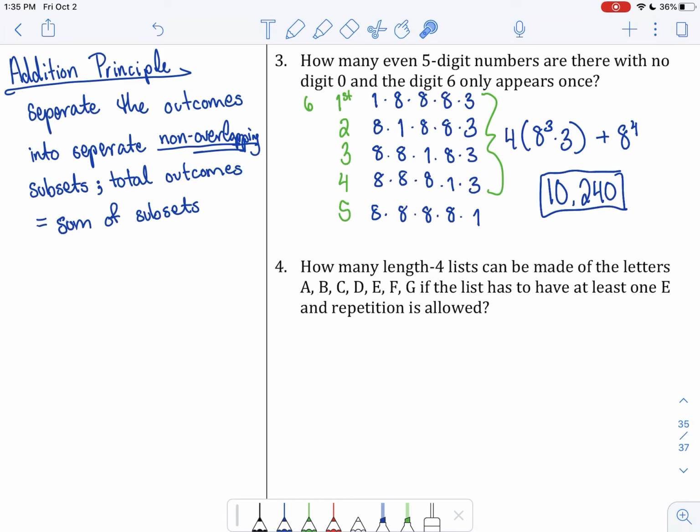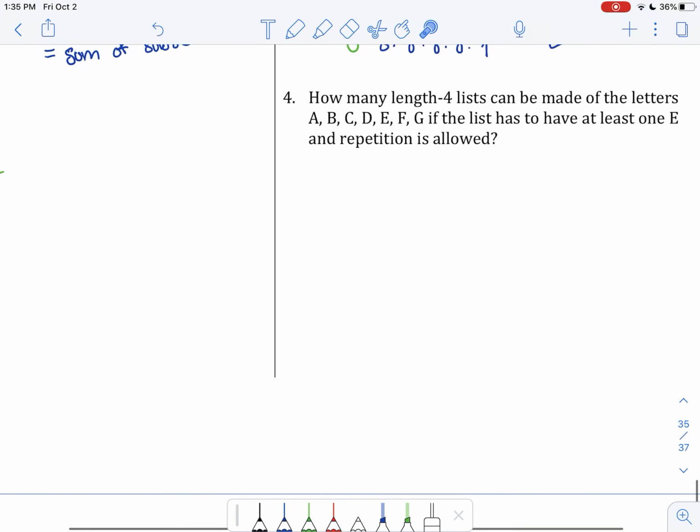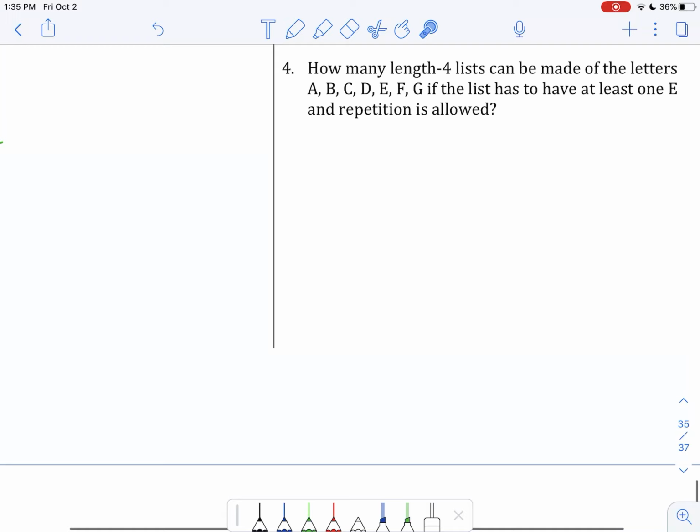Now, the addition principle is great, but sometimes there are going to be so many of these separate little subgroups that you're actually going to want to consider using the subtraction principle, such as we see in number 4. So number 4 says how many length 4, so 4 elements, can be made with the letters A, B, C, D, E, F, and G, if it has to have at least one E, and repetitions allowed.